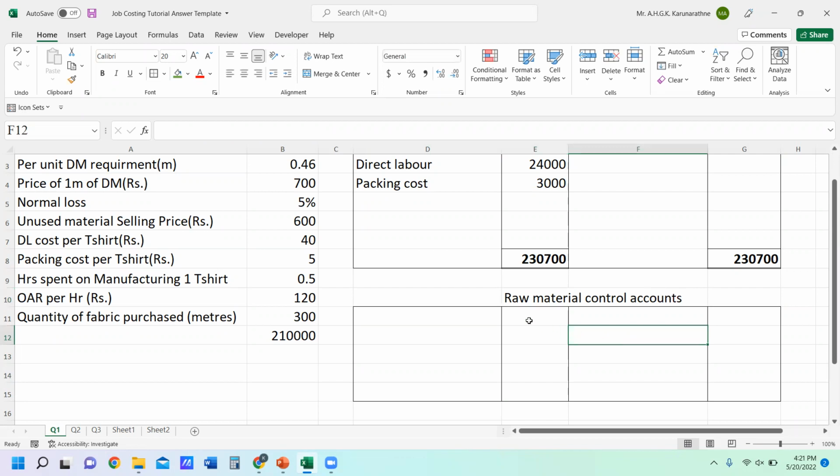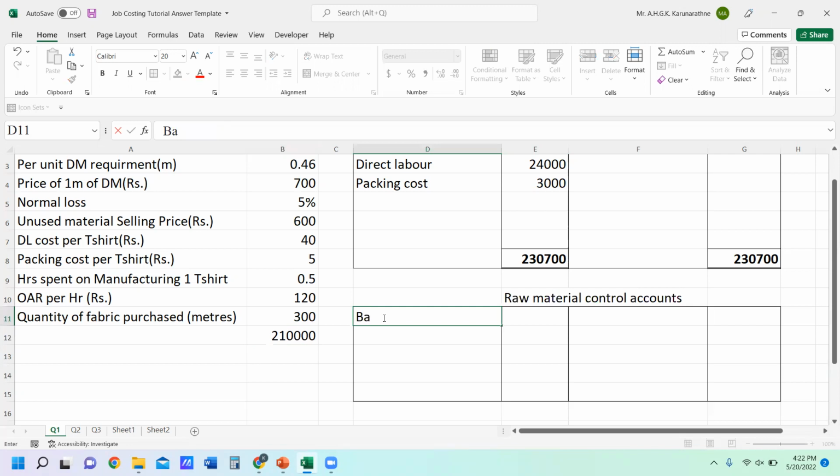When you purchase this amount, the bank or the creditor account is credited, whether you purchased on a cash basis through the bank or on supplier credit, and the raw material control account is debited with this raw material quantity.